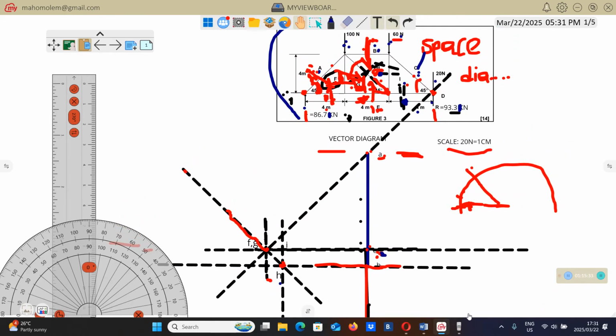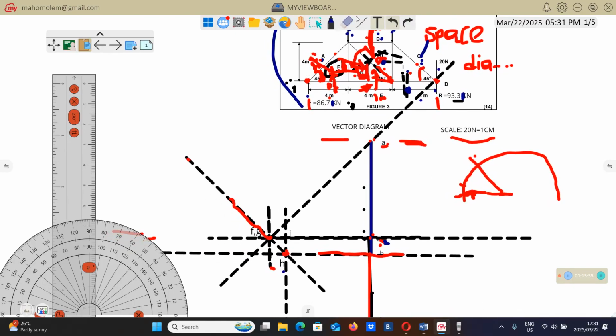You will come here and check here. This member here, from here to there, it's AF. It's a member. So you'll join the AF. We're going to join AF with a solid line.